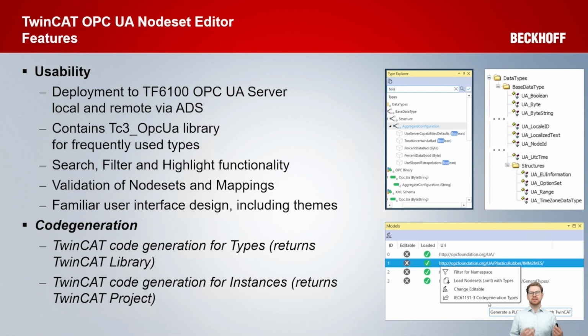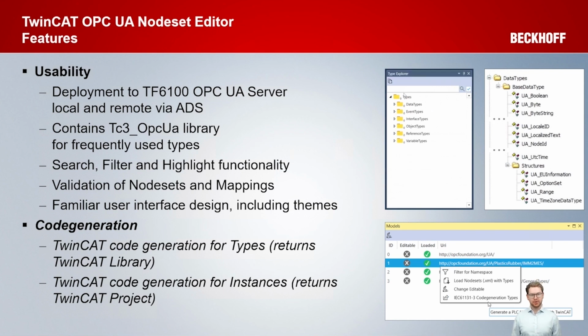And it supports the validation of node sets and mappings. Also, people who already work with TwinCAT will have noticed that it has a familiar user design, including dark mode for those who care about that, which is me, for example. And it looks similar to Microsoft Visual Studio, which is our TwinCAT engineering environment.